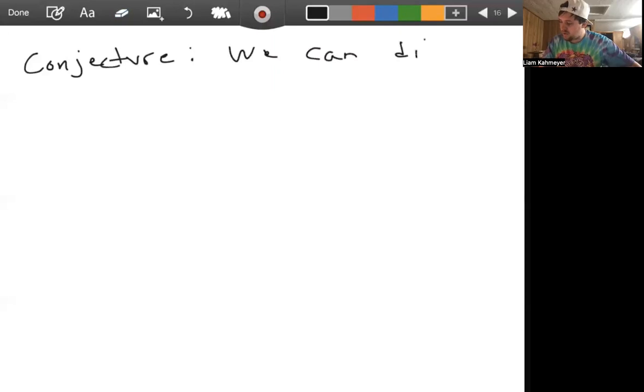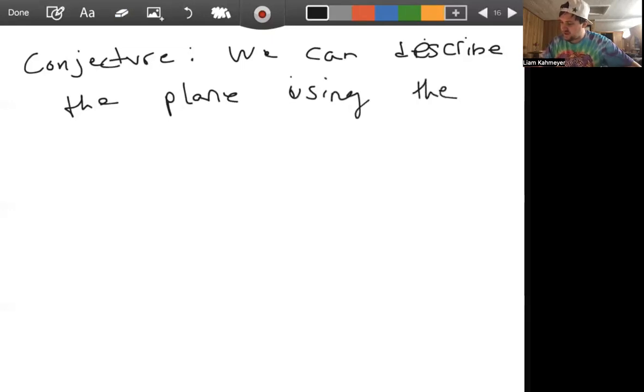We can describe the plane using the family of vectors PQ, right?